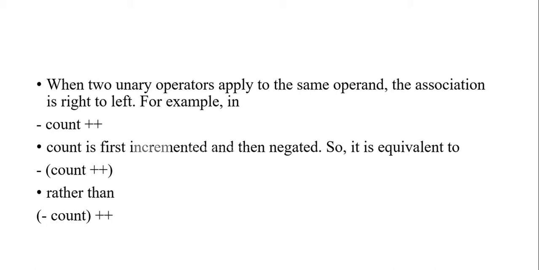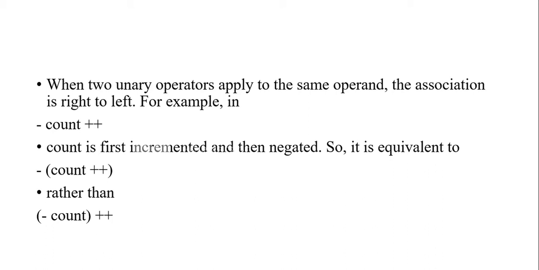So it is equivalent to minus of (count plus plus), rather than (minus count) plus plus. So when two unary operators apply to the same operand, they are right associative. Remember that. So in minus count plus plus, the count is incremented first, then it will get the sign. Okay.